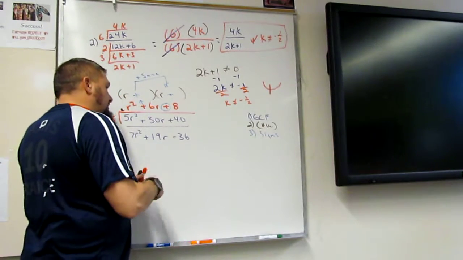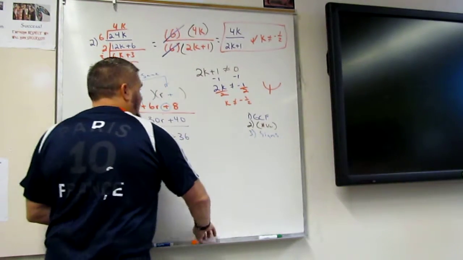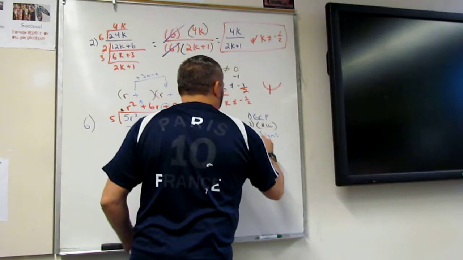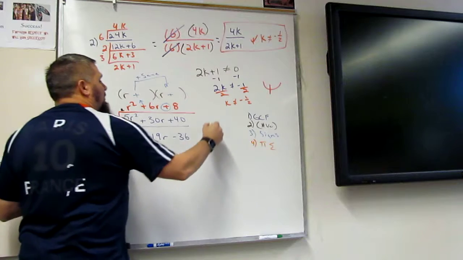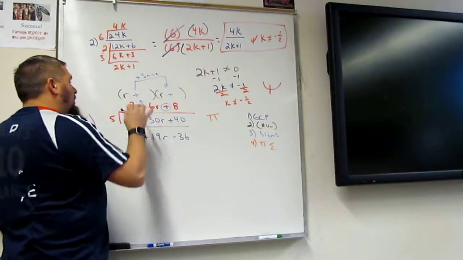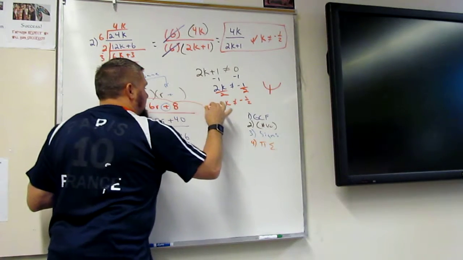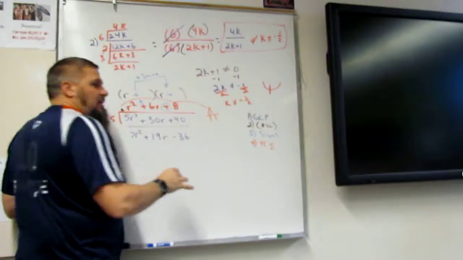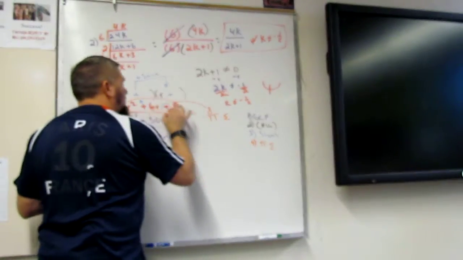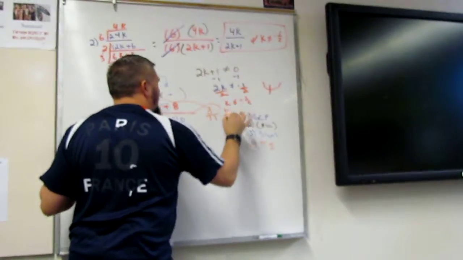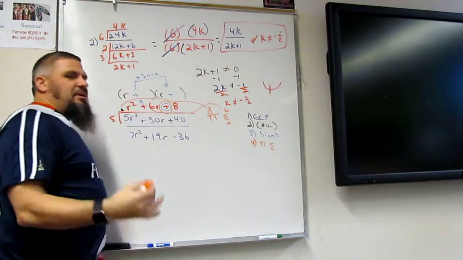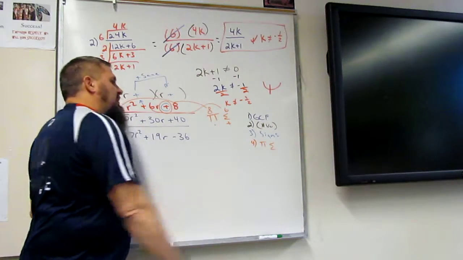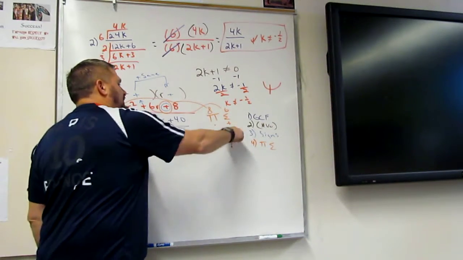Your fourth step is product and sum. Your product is your first number times the last number, that's 8. And your sum is the middle number, and that's 6. We are adding in the sum. So two numbers that multiply to be 8 but add to be 6.